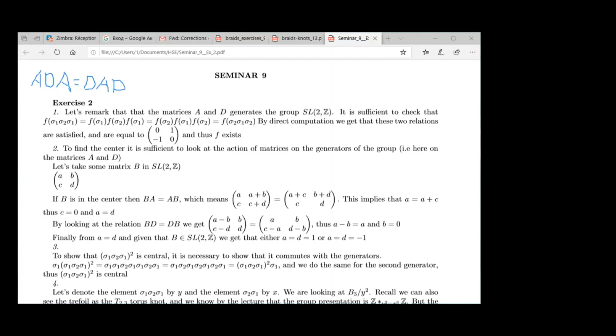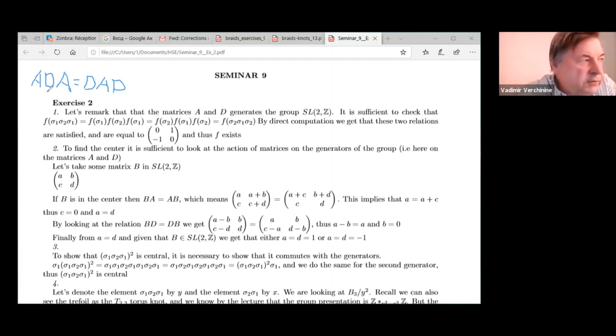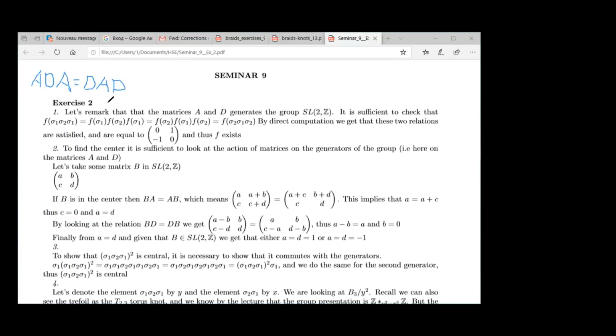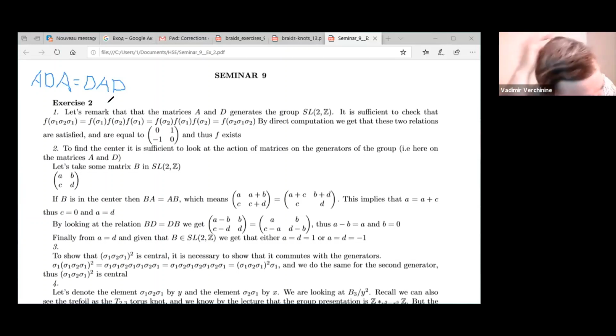This is first-year linear algebra work. Usually in your exercises for linear algebra, you have matrices with integer coefficients.